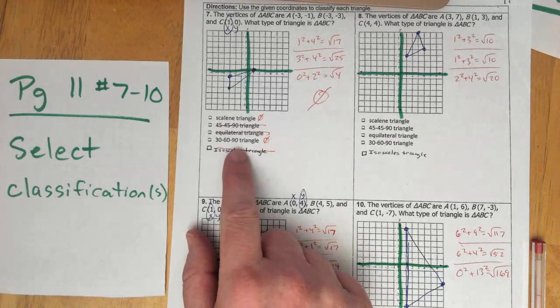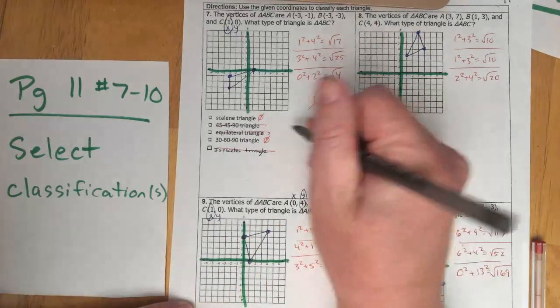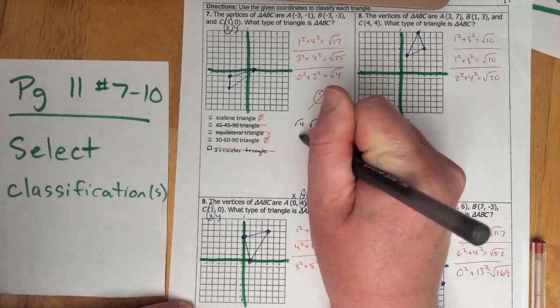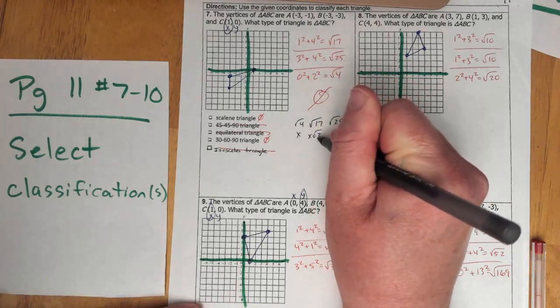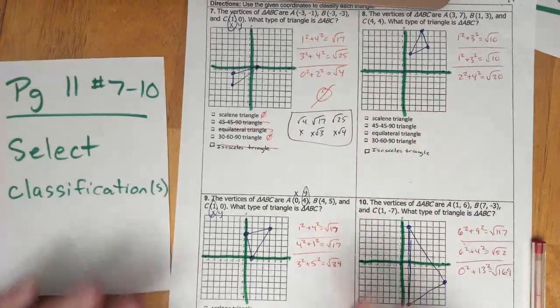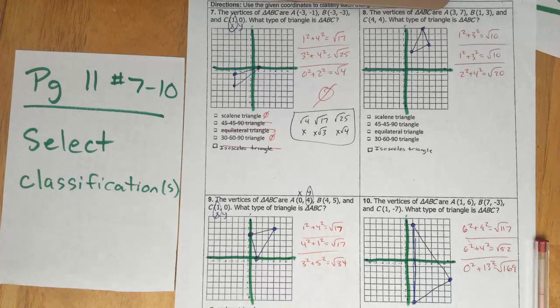So this one I only started. You need to check 4, 17, 25, and see if it follows the 30, 60, 90, which was x, x radical 3, x radical 4. So you need to check if that worked. All right, so everyone's doing these classifications. Pause the video, give that a try.